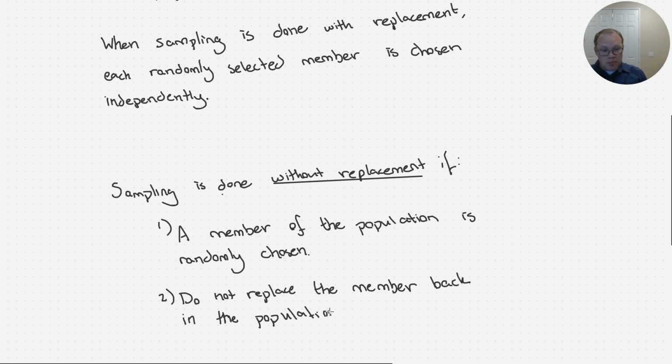And because we don't put it back, that means the member can't be chosen again. The member cannot be chosen again or be sampled again. And because the member is no longer in the population, the population is now different from when we started.